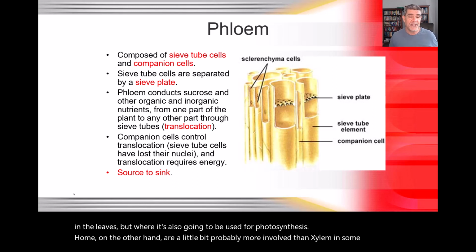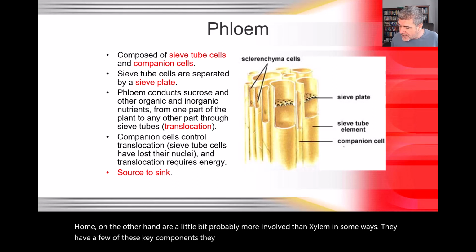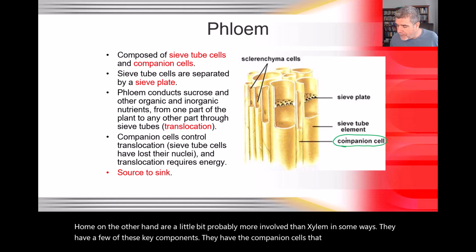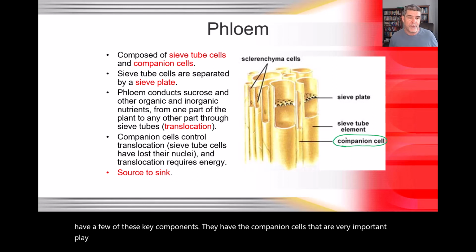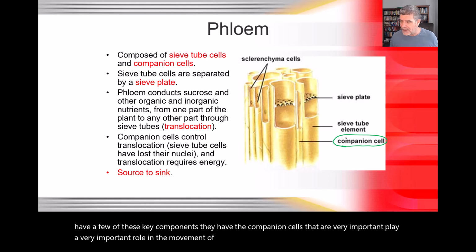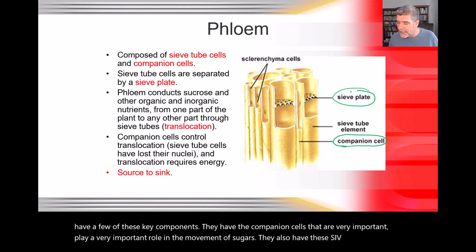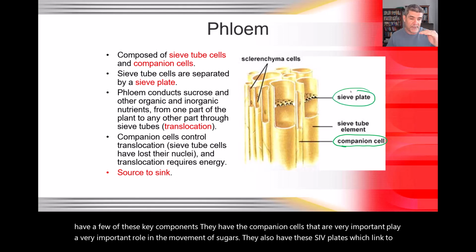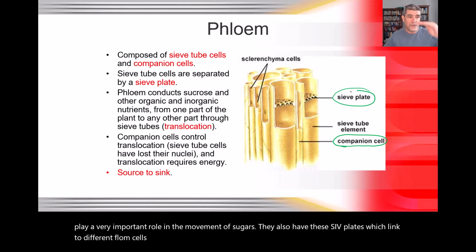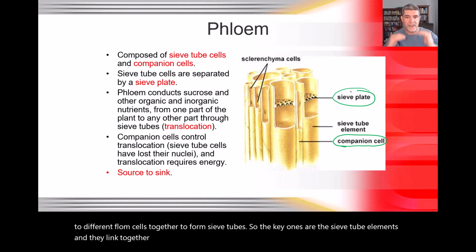Phloem, on the other hand, are a little bit more involved than xylem in some ways. They have a few key components. They have the companion cells that play a very important role in the movement of sugars. They also have these sieve plates, which link different phloem cells together to form sieve tubes. So the key ones are these sieve tube elements, and they link together, joined by these sieve plates, to create these long tubes.